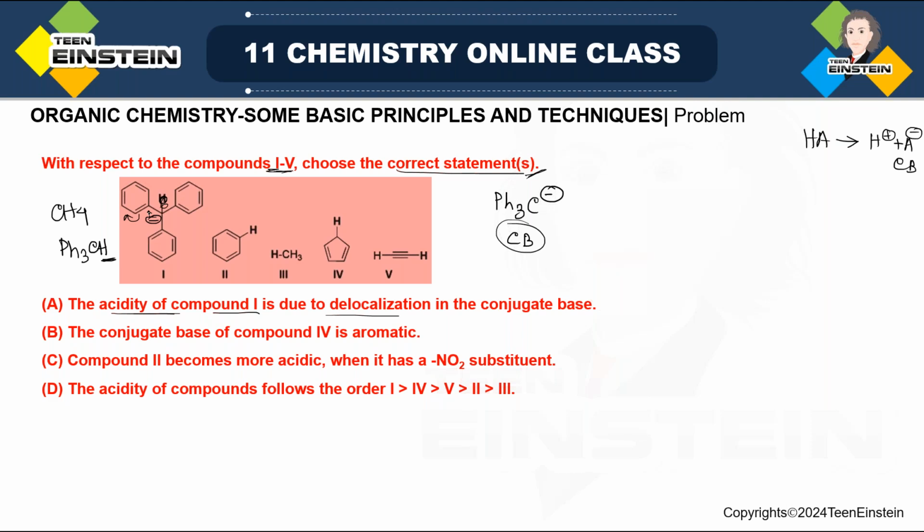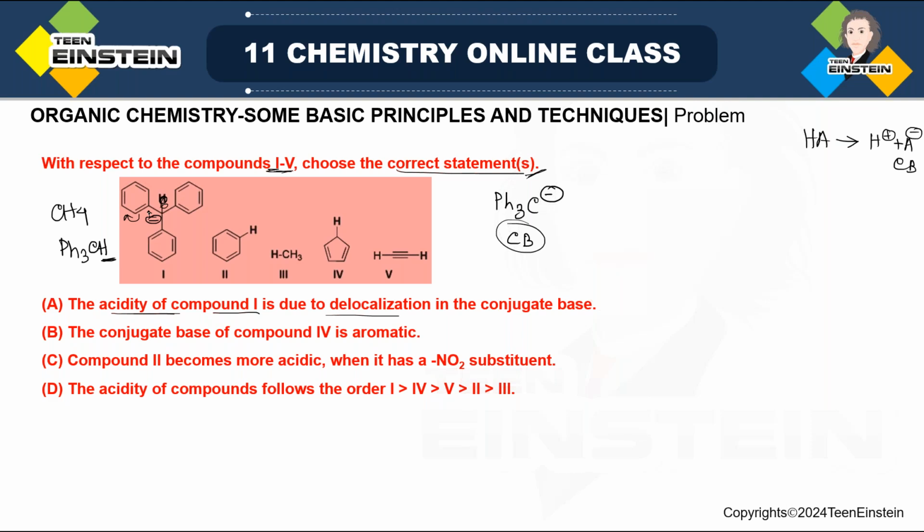But also one important point you have to remember: due to steric reasons, the presence of these 3 phenyl rings in the same plane simultaneously is a little bit difficult. Now for resonance to occur, planarity is very important. That planarity simultaneously for all the 3 rings will not occur very easily.